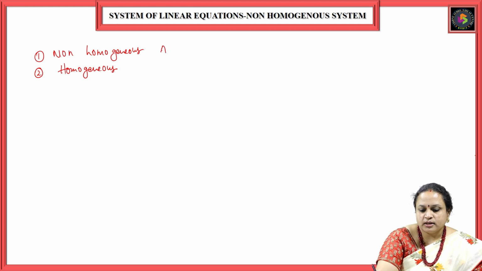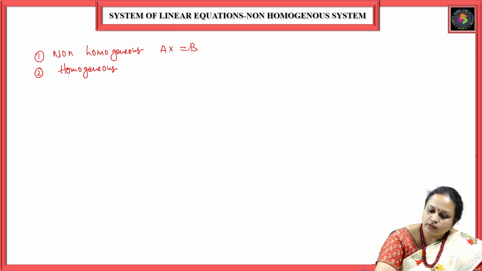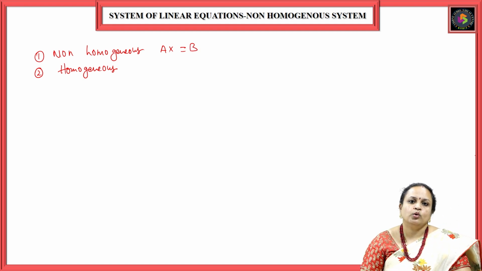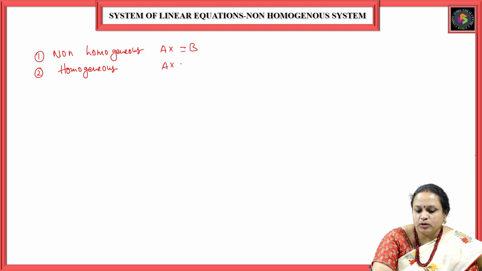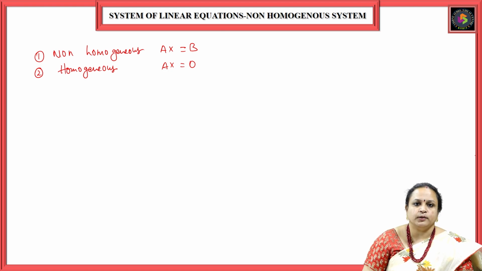In a non-homogeneous system, we write it as Ax equal to B, where A is the coefficient matrix, X is the unknown matrix, and B is the matrix on the RHS. And in a homogeneous system of equations, we write Ax equal to 0.